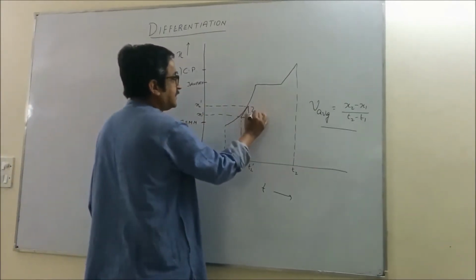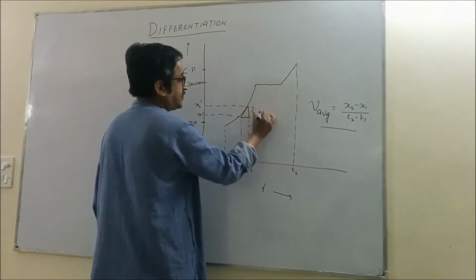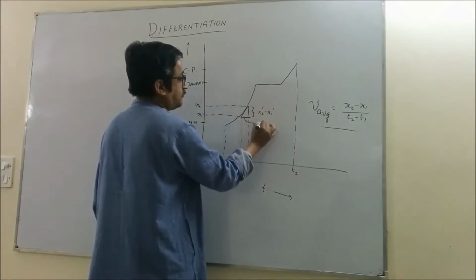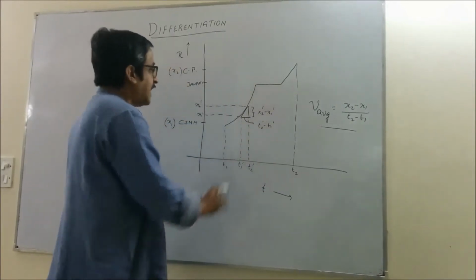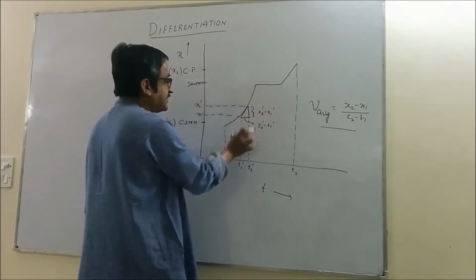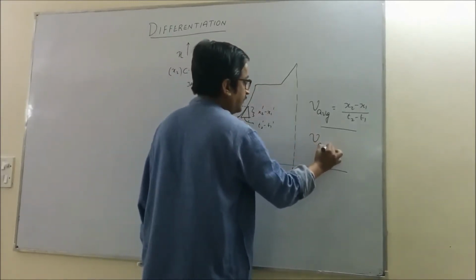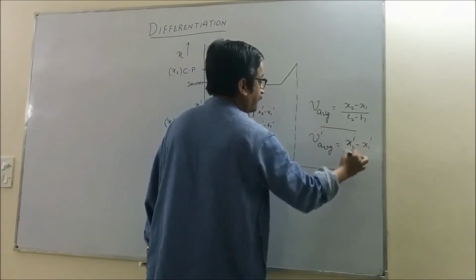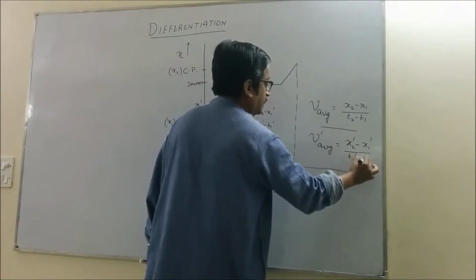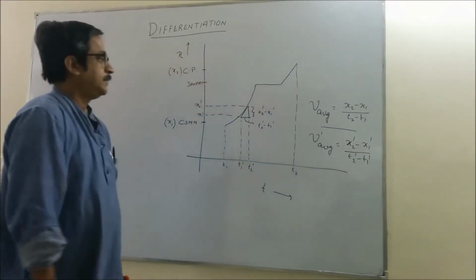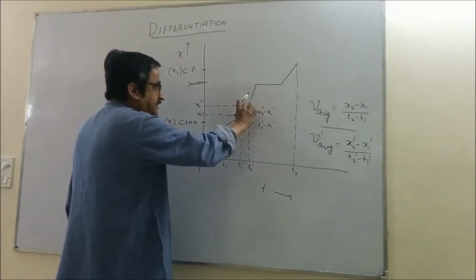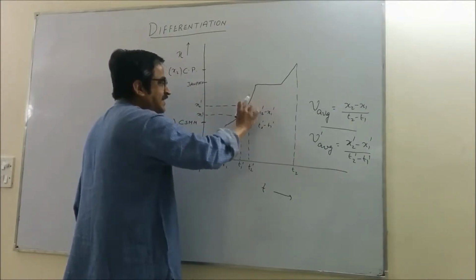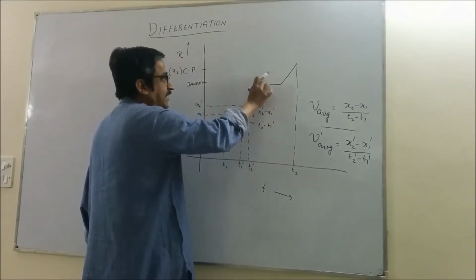So this length is x2 prime minus x1 prime, and this length is t2 prime minus t1 prime. Now my average over this will be a much smaller average. So now I have some understanding over my average speed in this interval, which if I shift, now I can control it.